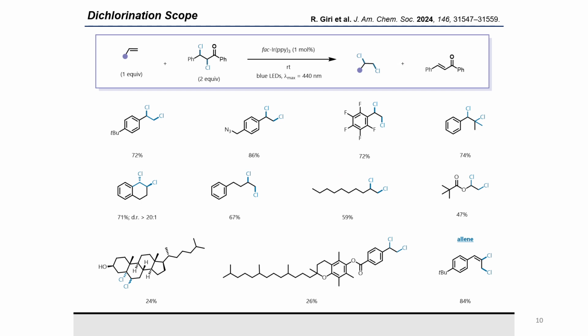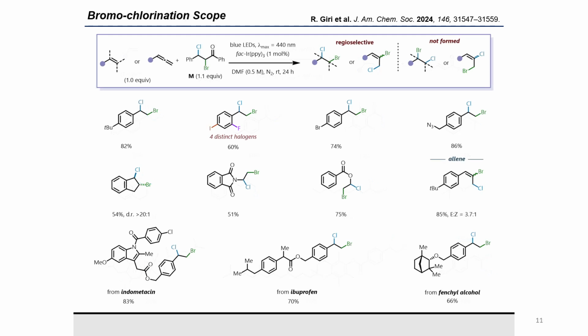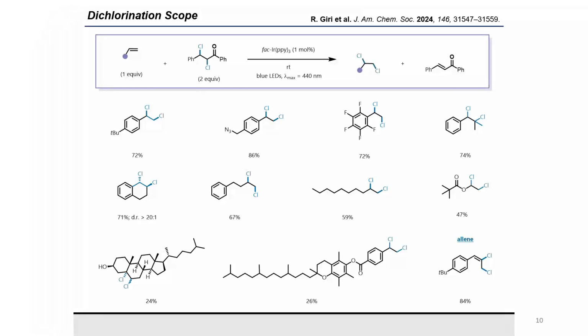What I want to emphasize here is this dihydrocholesterol molecule, in its native form with unprotected alcohol, tolerates very well, and we get a reasonable amount of product. Allenes were also good under our reaction conditions. So this reagent is quite good to functionalize olefins and allenes in a very general way.